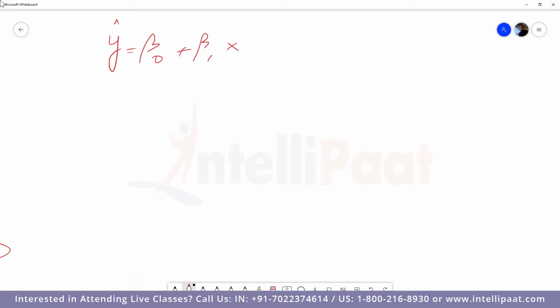In our case earlier, beta naught was simply your c and beta 1 was your m, logically speaking. That is exactly what we had. But the reason we move away from the terms m and c is that if you were to generalize this for more than one predictor variable, then m and c values may not be good enough. So you say y is equal to beta naught plus beta 1 times x. This is a simple linear regression.